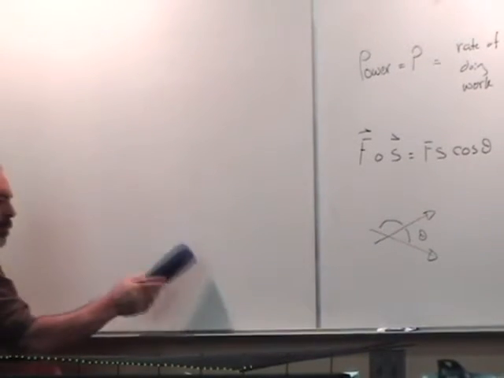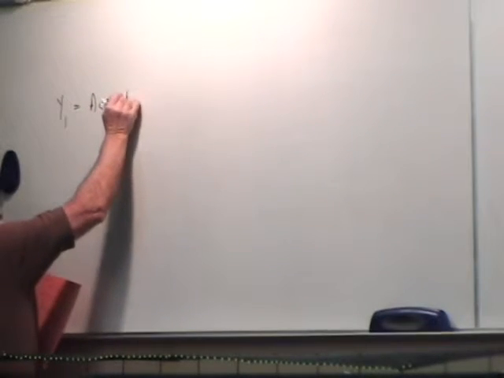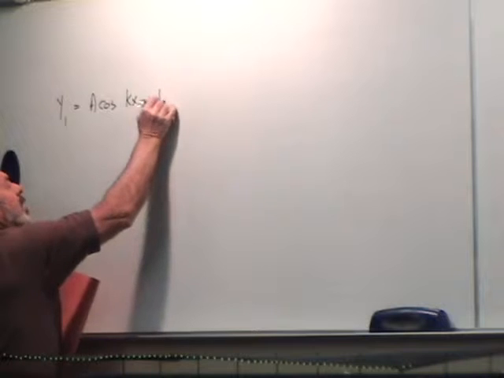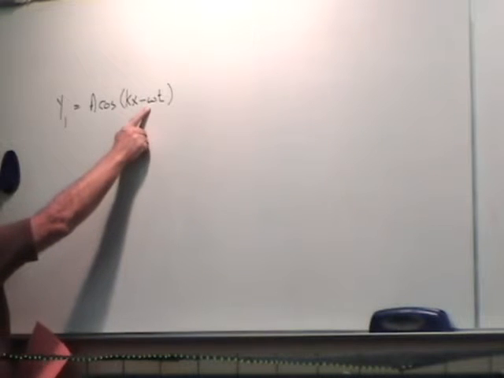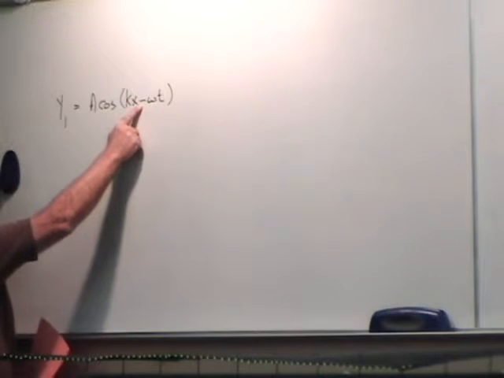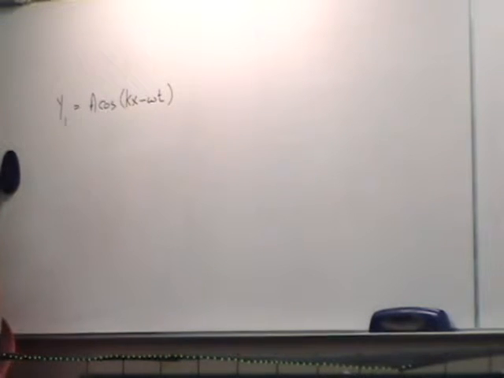And so I want to describe two different waves, the incident wave and the reflected wave. So the incident wave, the wave coming into our system, is going to look like this. Y1 is going to be a cosine of kx minus omega t. So here's a wave of known wavelength and of course known frequency. It's moving in what is considered to be the positive direction, and it strikes a hard boundary. Ignoring friction, all that does is phase shift it and reverse its direction.